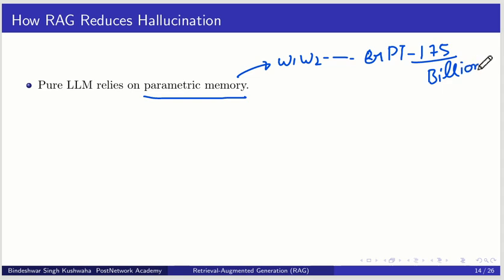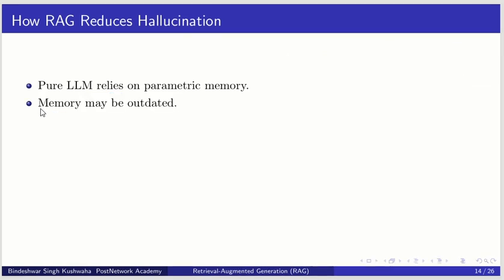So at that time these parameters are learned. The LLM relies on that memory, but when new information comes, how will the LLM be modified? There is a technique called fine tuning.